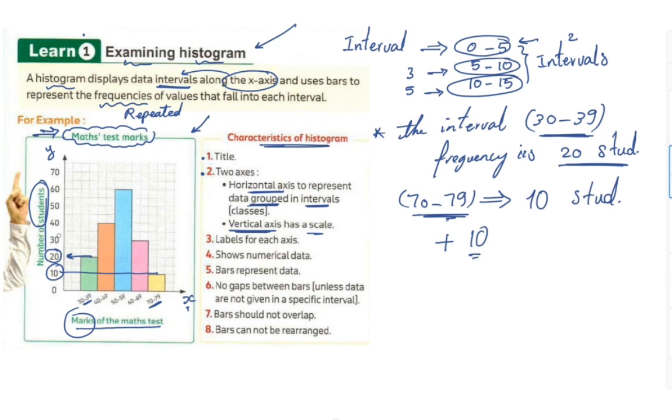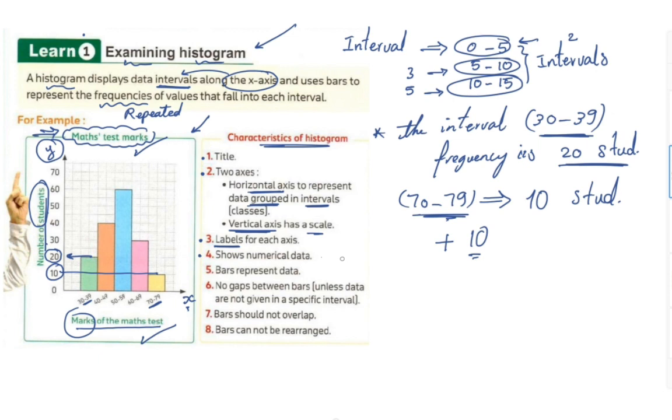Third, labels for each axis. Here we have the title, and here we have the name of the x-axis. The x-axis represents marks of math test, and the y-axis represents number of students. That's called labels.